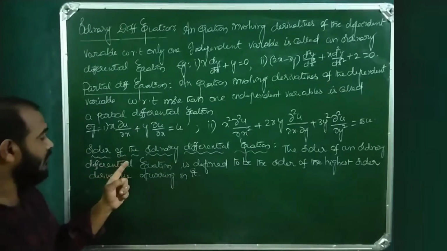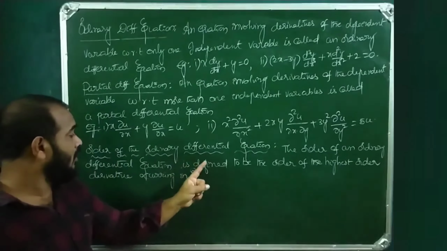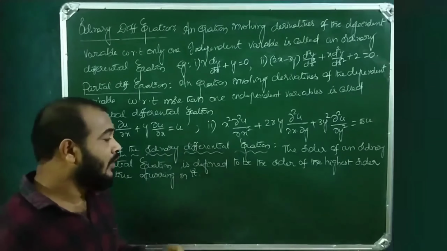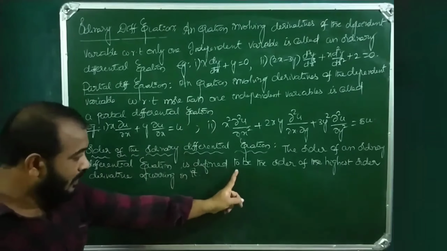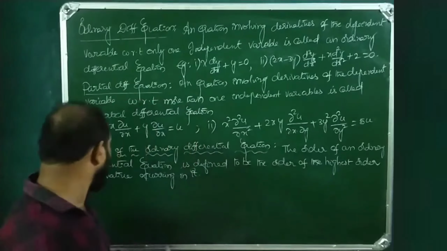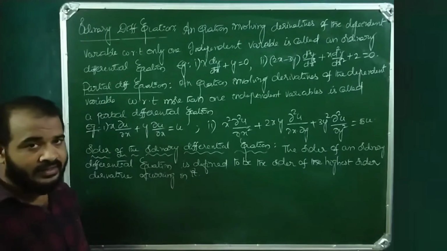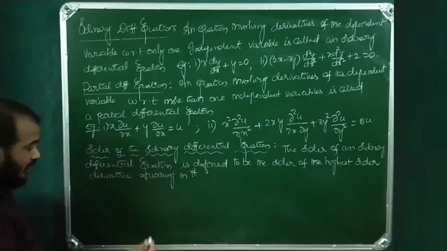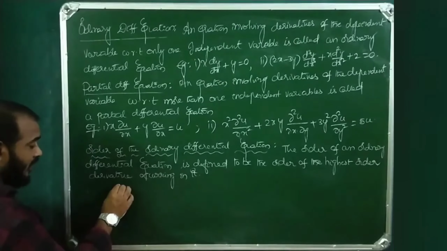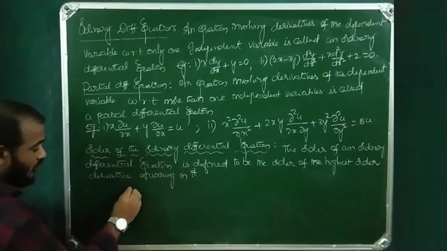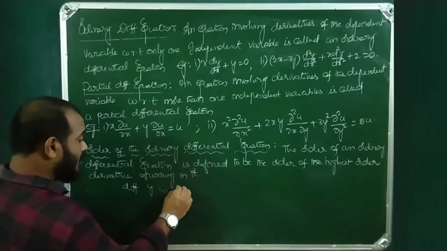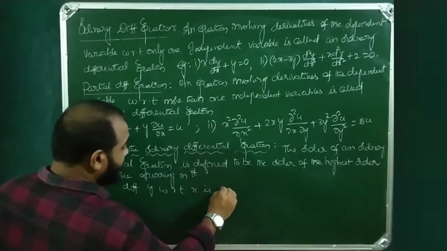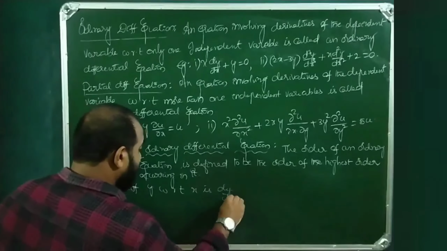And the next topic is order of the ordinary differential equation. The order of an ordinary differential equation is defined to be the order of the highest order derivative occurring in it. Last year we have learnt the first order derivative: differentiating y with respect to x is dy by dx.